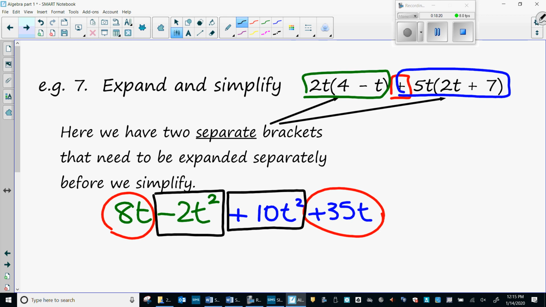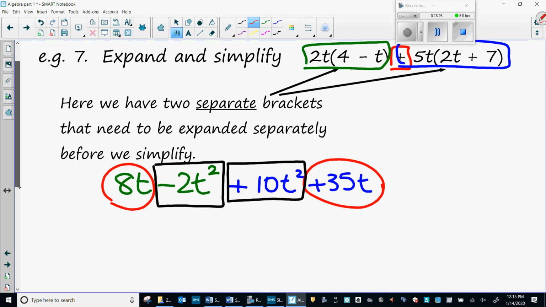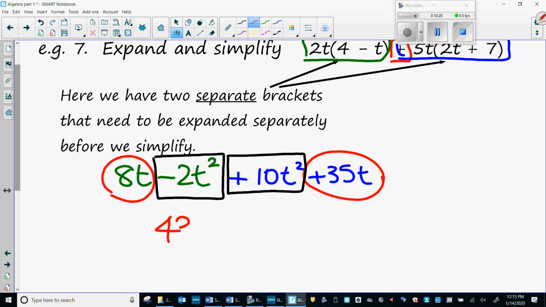So, I've got 8t plus 35t. What's 8t plus 35t? 43t. I've then got, be careful here, negative 2t squared plus 10t squared. 12t squared. No.